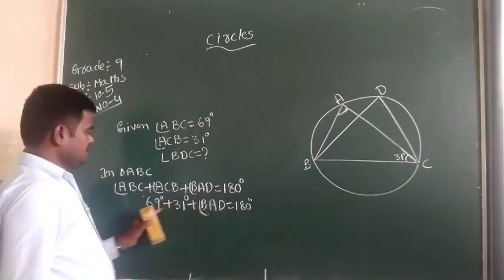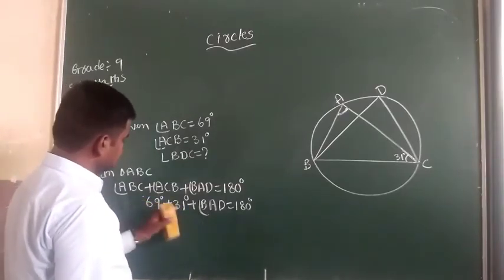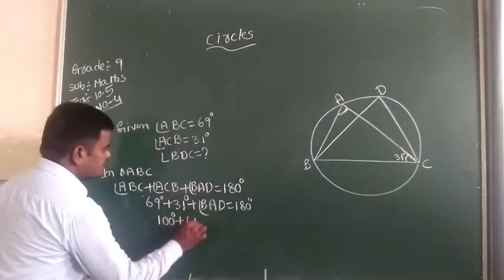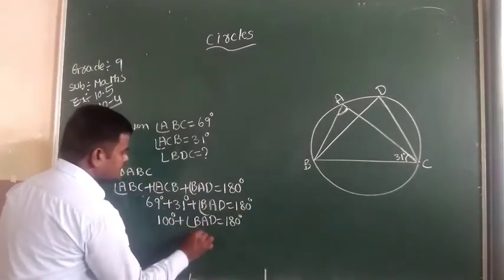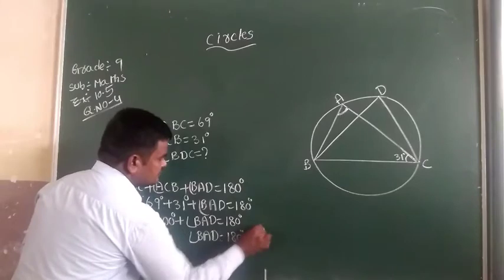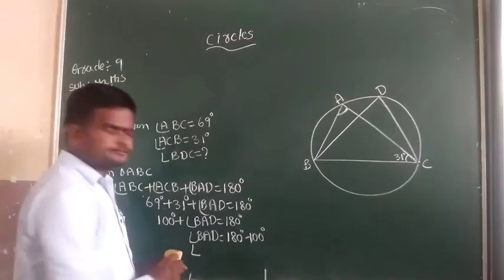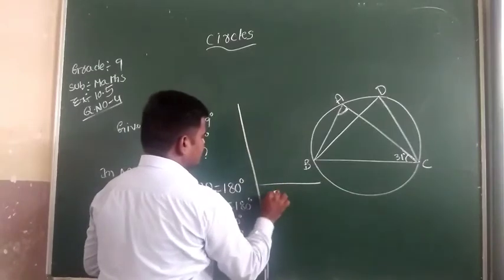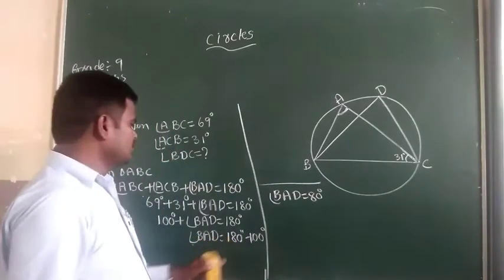Here 69 plus 31, that is 100 degrees. So 100 degrees plus angle BAD equal to 180 degrees. So angle BAD equal to 180 minus 100 degrees. Angle BAD equal to 80 degrees.